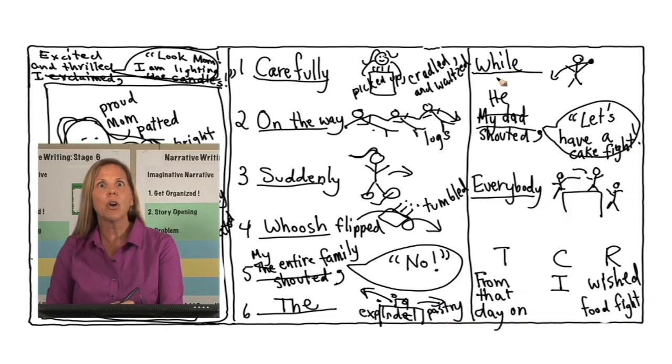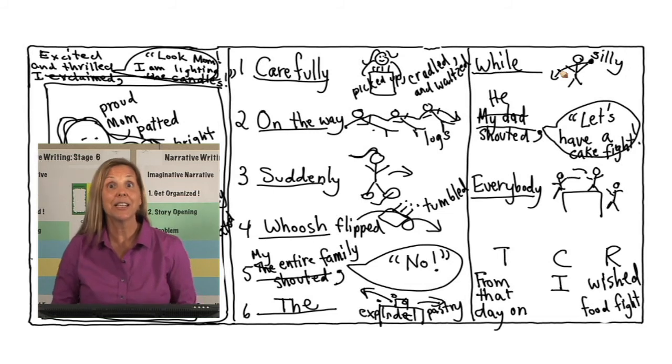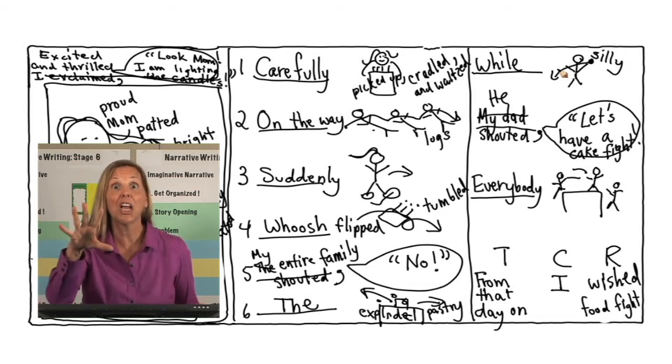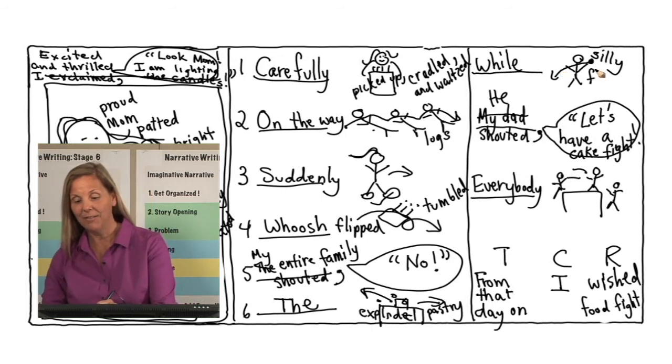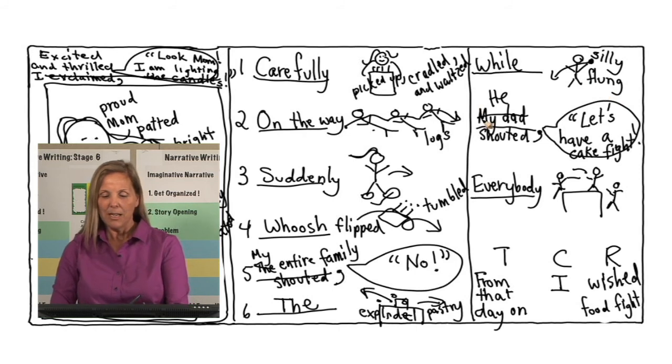While we all froze in our seats, my dad picked up a chunk of the cake and threw it. I could say my silly dad, but then instead of saying threw, maybe I say flung it. That sounds better. Flung it. This is so good. My dad, no, we already changed that to he.